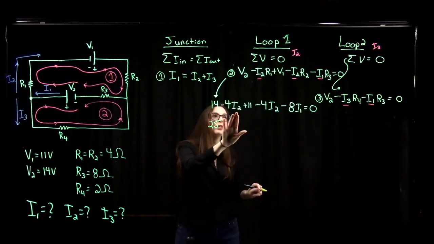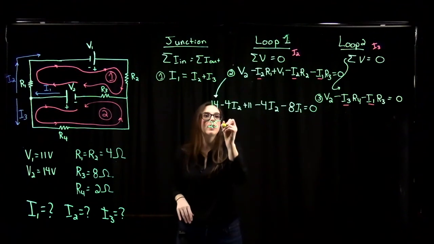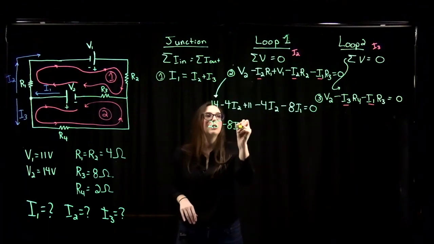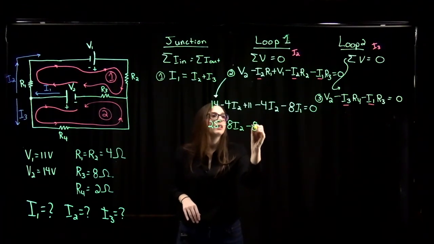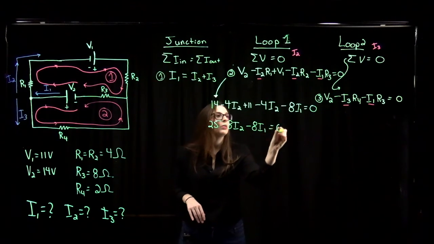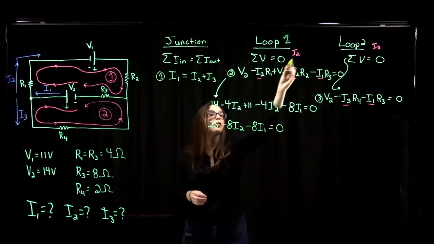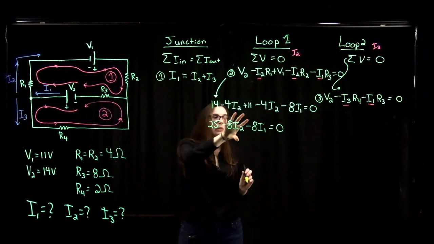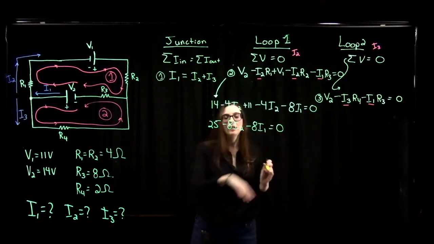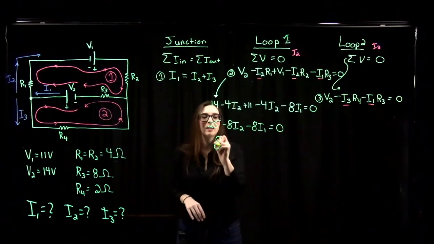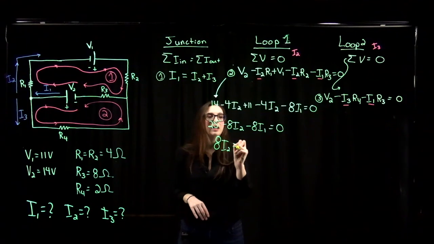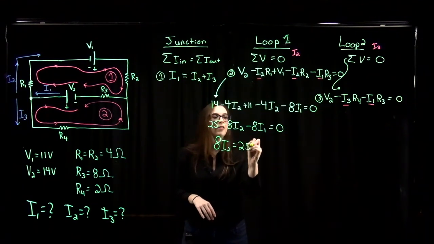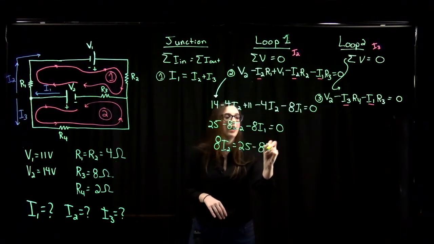Minus 4 I2 plus minus 4 I2, that's minus 8 I2, and then minus 8 I1 equals 0. And we want to solve this for I2. So I'm going to take 8 I2 and move it to one side of the equation, so I have 8 I2 is equal to 25 minus 8 I1.